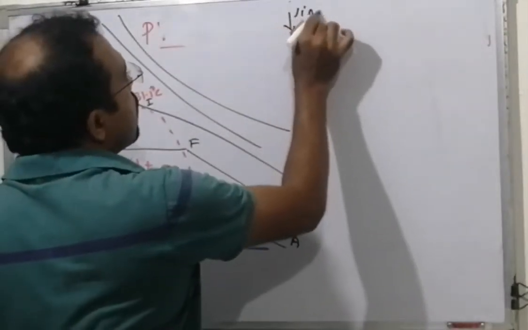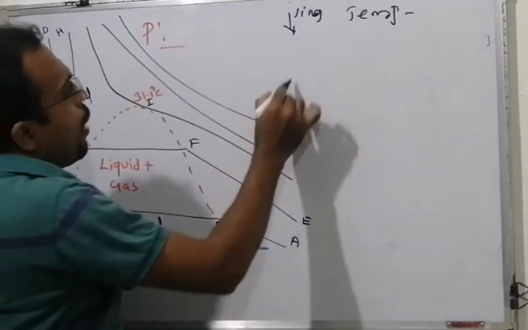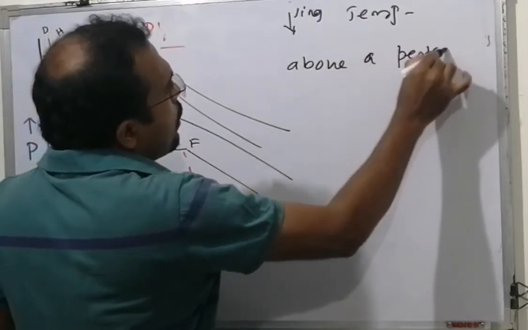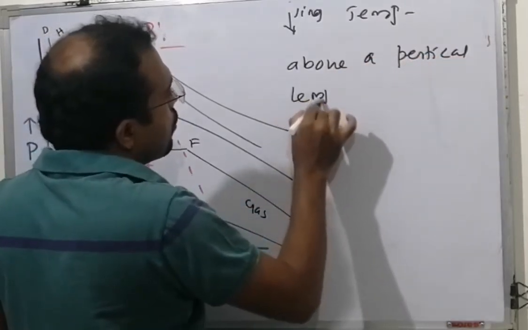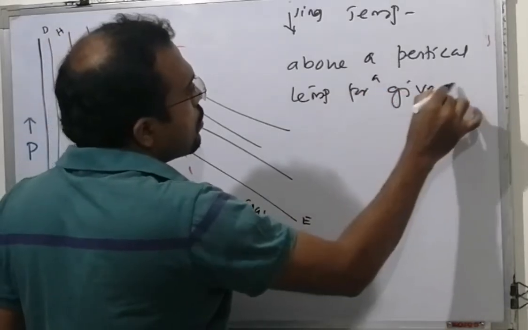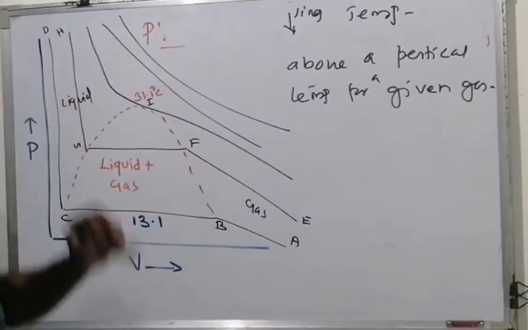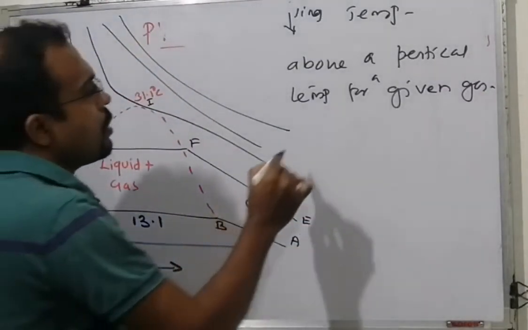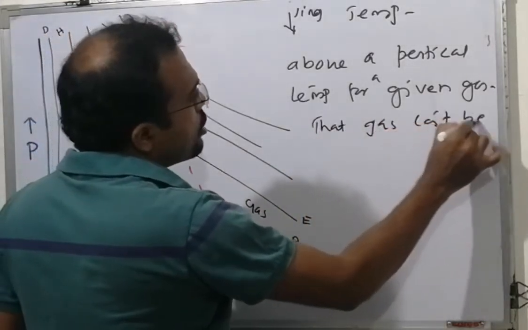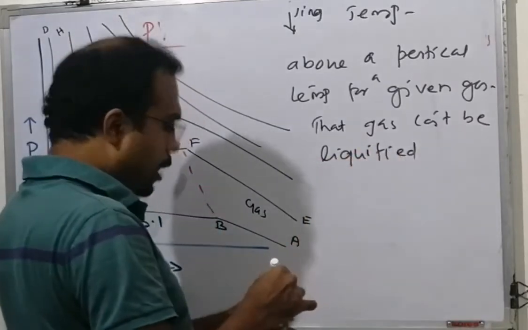decreasing temperature is a better one, because above a particular temperature for a given gas, that gas cannot be liquefied.